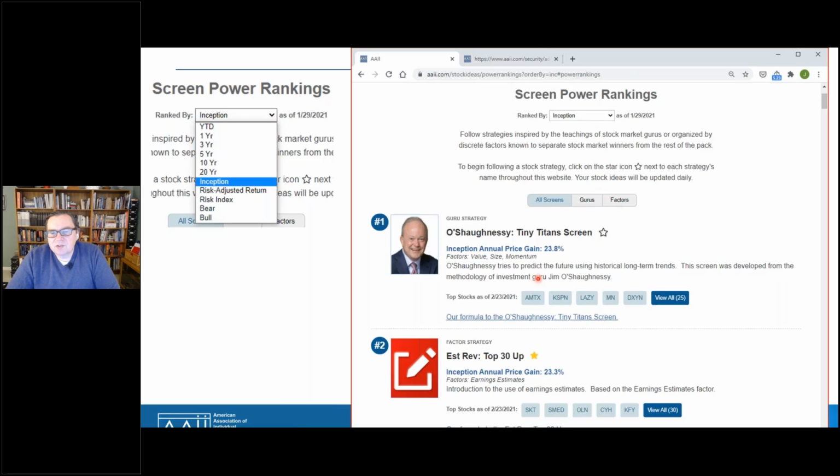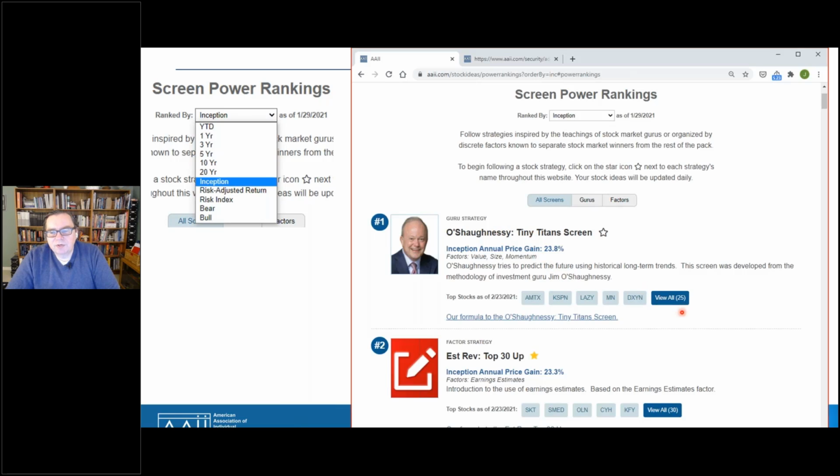You can do it against all the different strategies, or focus on just the guru strategies or just the factor strategies. In this case, this is a power ranking looking at all screens at performance since inception, and the number one performing screen in that context, performance only, is the O'Shaughnessy Tiny Titan screen.